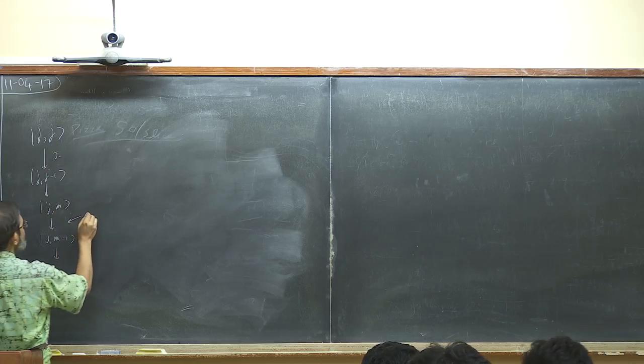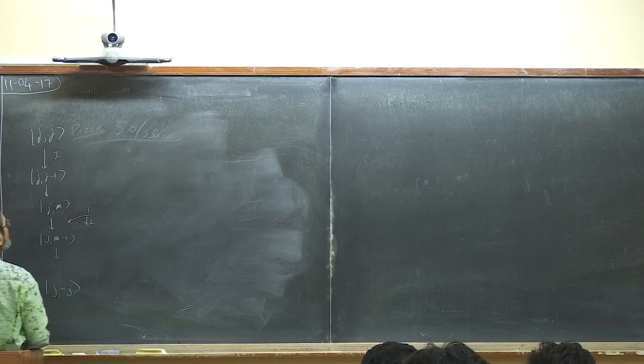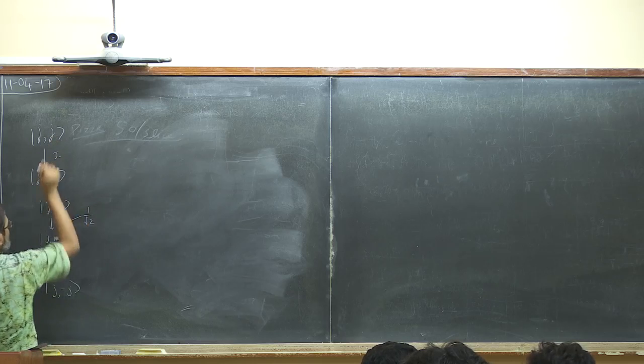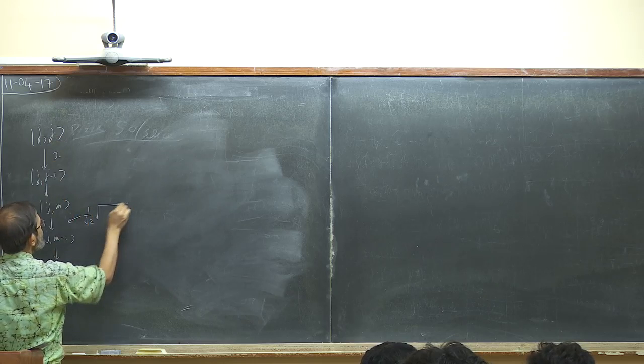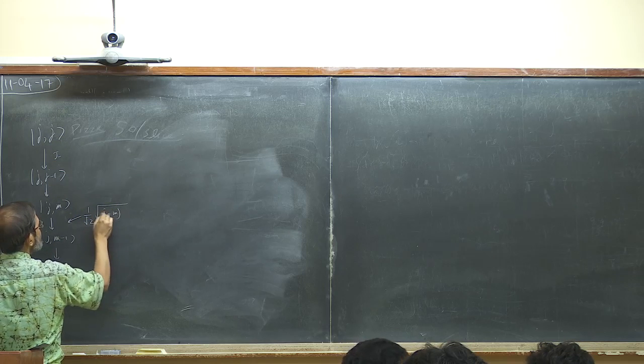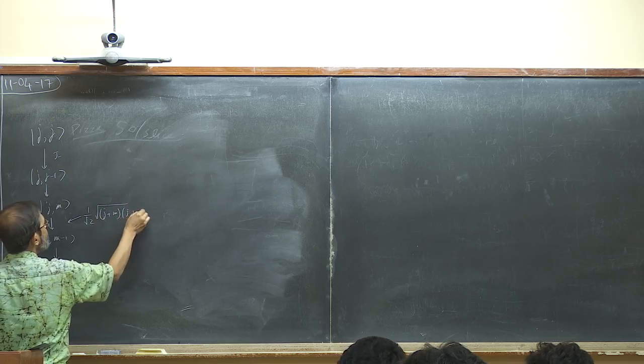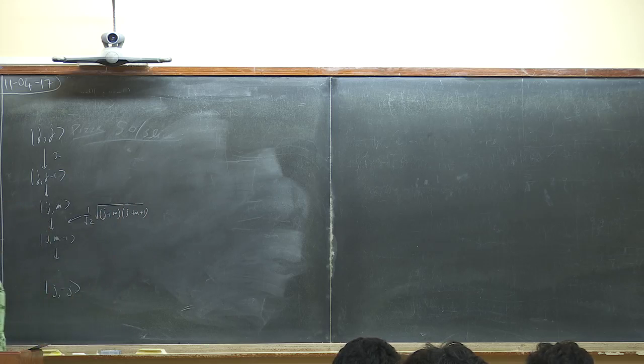The coefficient that I pick up here, which I proved in this step, but here I said it without proof, is this square root of (J plus M)(J minus M plus 1). It's easy to do that by using the norm. If this is normalized, and you apply the J minus operator to get here, then you can simply look at the norm of the state to figure out what coefficient to pick up.